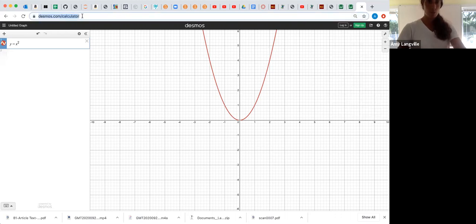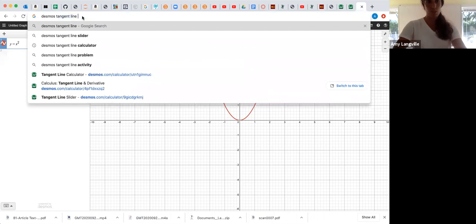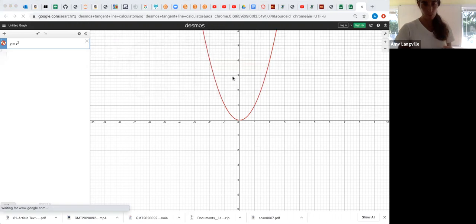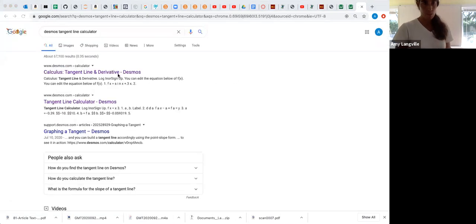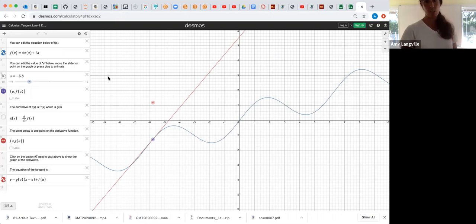So we can say Desmos tangent line calculator, because we're doing a lot of stuff with tangent lines this semester. I think this first one will do it. Okay, so this has a function already set up for us.